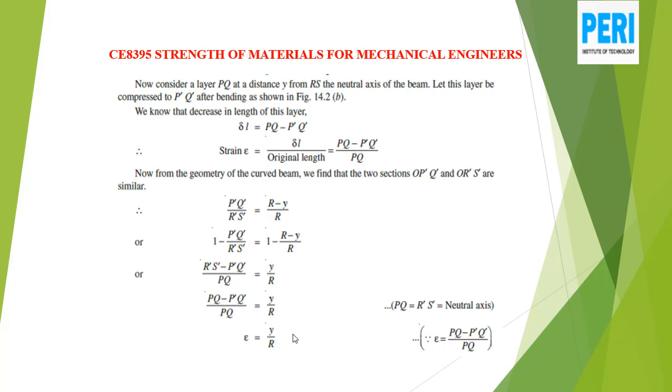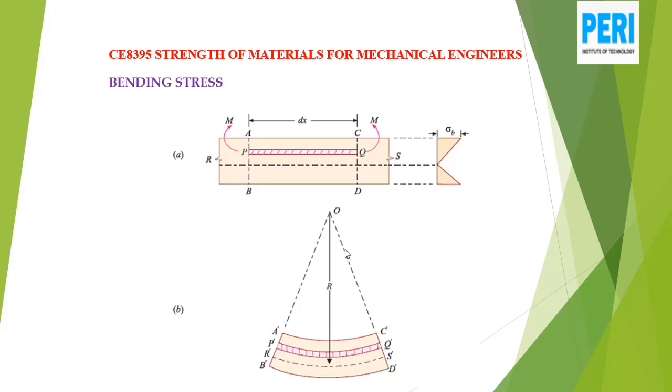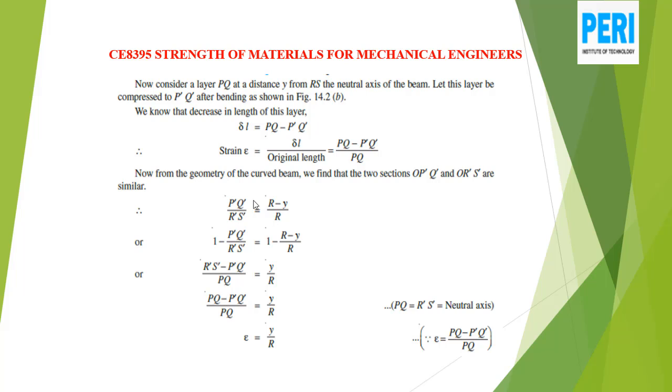From the geometry of the curved beam, O is the center, and the distance O to R dash S dash, or RS, is R. Then the PQ radius will be R minus Y, because this distance is Y. So P dash Q dash by R dash S dash equals R minus Y by R. Then this has to be subtracted from 1 on both sides.